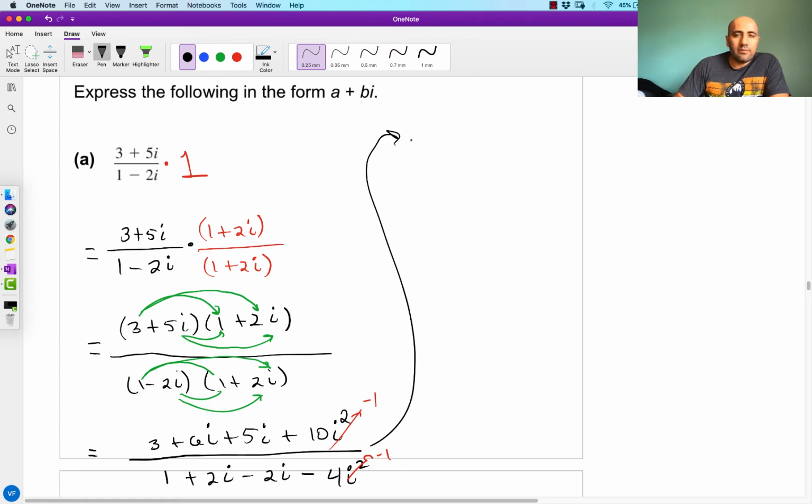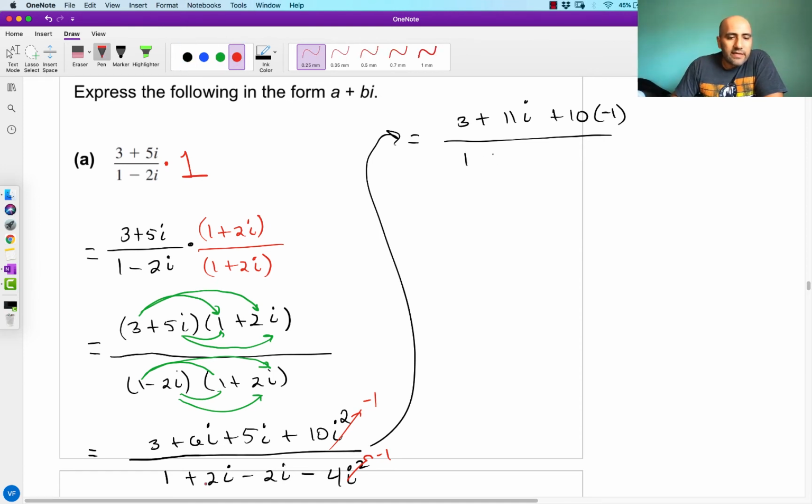And so we can simplify this to be a giant fraction where we have a 3 plus 11i, combining the 6i and the 5i, plus 10 times negative 1. In the denominator, we end up with a 1, and then this is the great part. These guys cancel. 2i minus 2i, those guys cancel. And then I'll have a minus negative 4, which gives you plus 4.